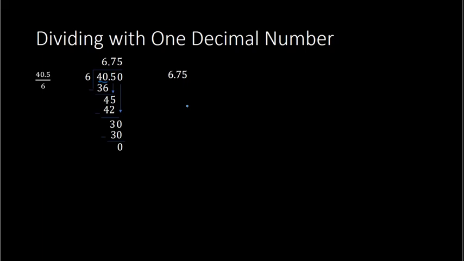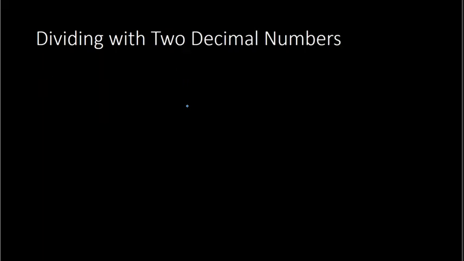Now what if you had two numbers that you are dividing with decimals? So for example, we have 4.05 divided by 0.6. So what I can do is I can begin by getting rid of the decimal for one of the numbers. So to do that, I can multiply the top and the bottom by 10 to some power.